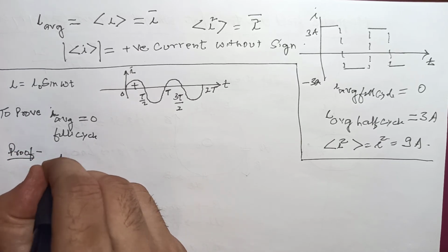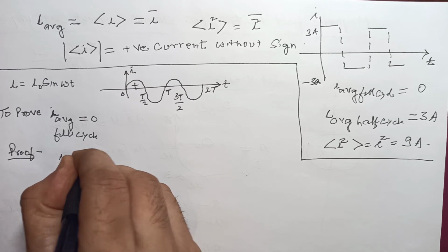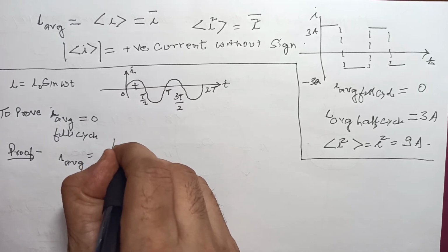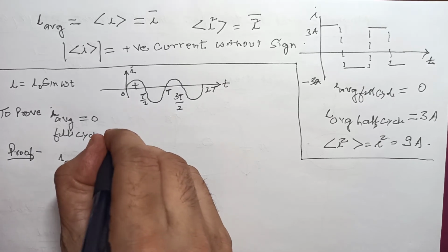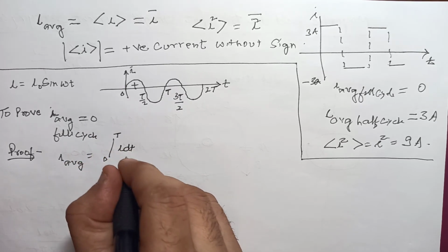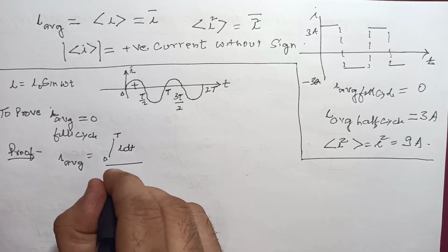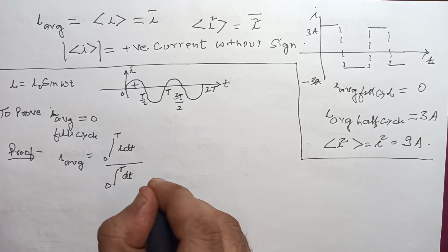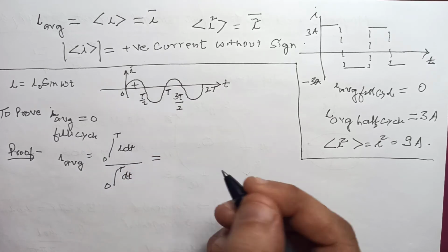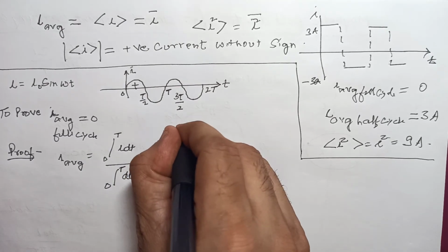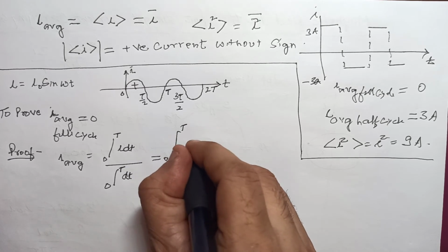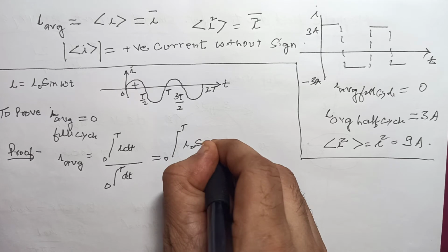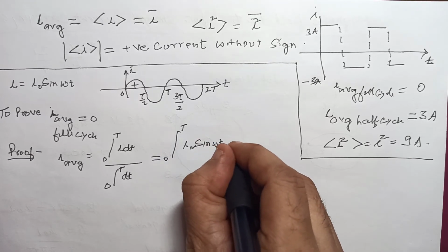Okay, so the proof is, we know I average, we have studied, is integration of I dt from 0 to T, divided by integral of dt from 0 to T, is equal to integral of I naught sine omega t dt.